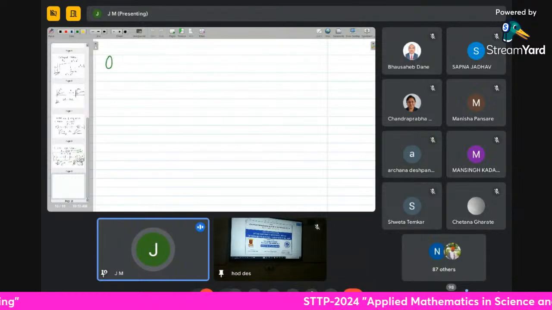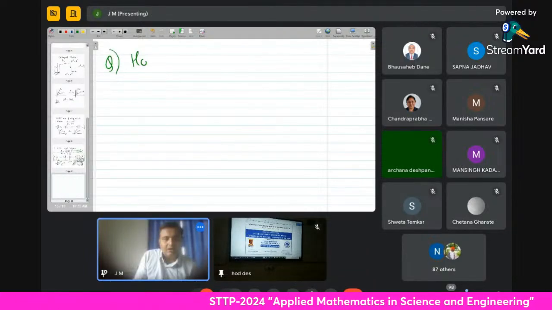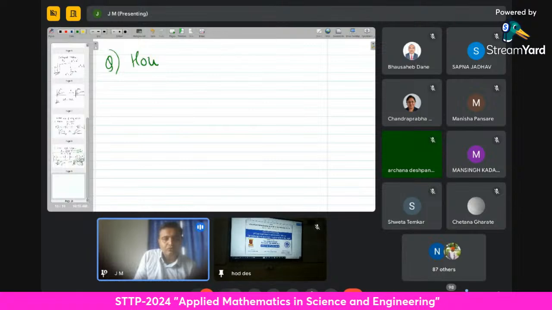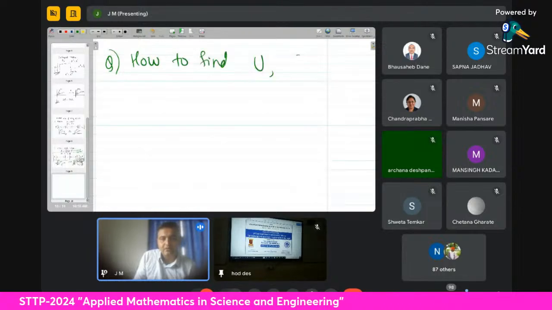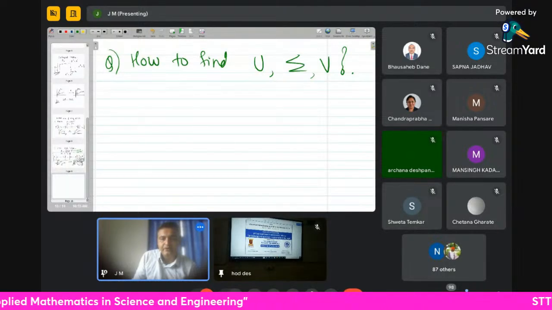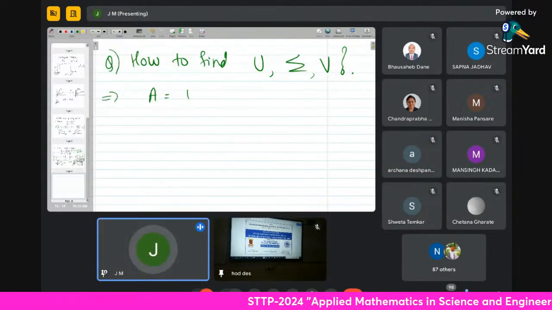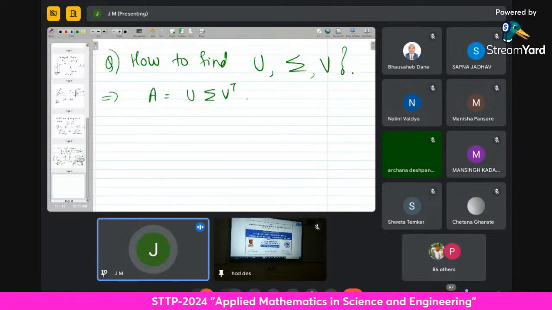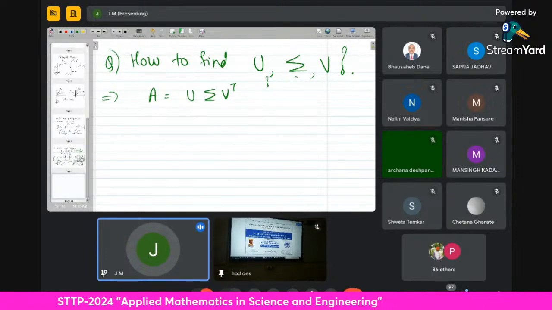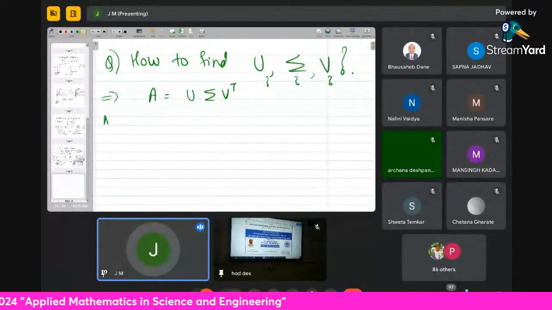Now the question is how to find U, sigma, and V, because ultimately we should have these matrices. The answer is very easy. Suppose you have a matrix which can be written in this way, then what are these matrices?